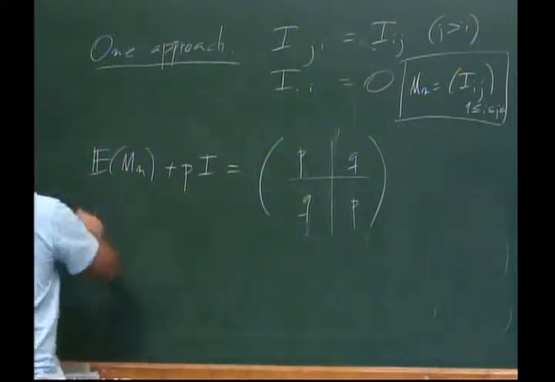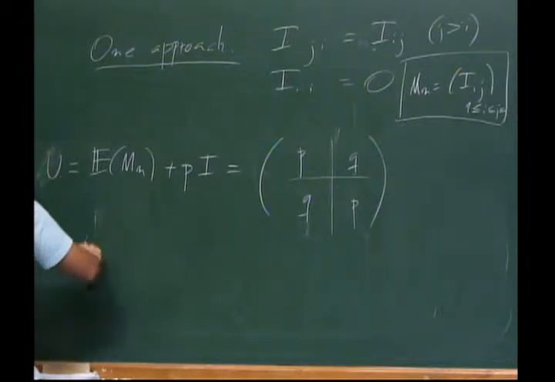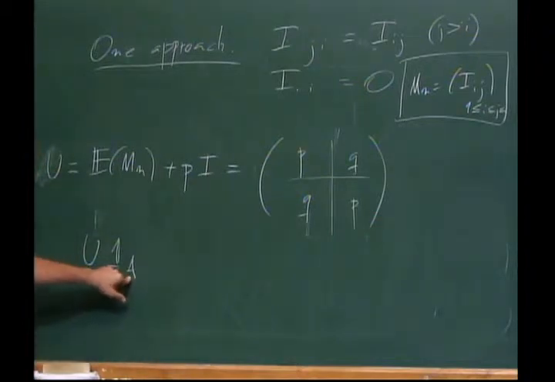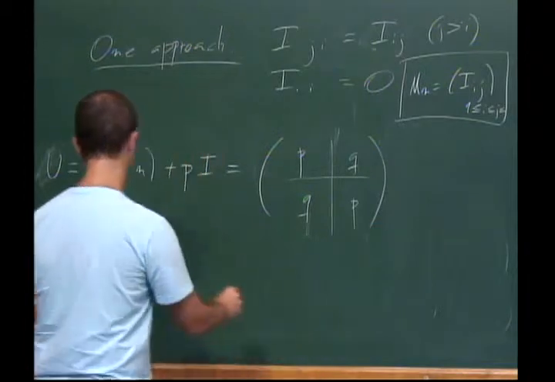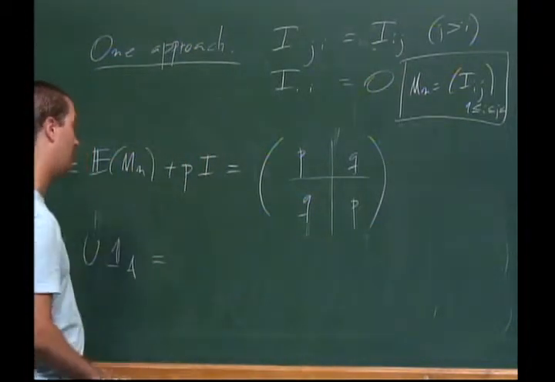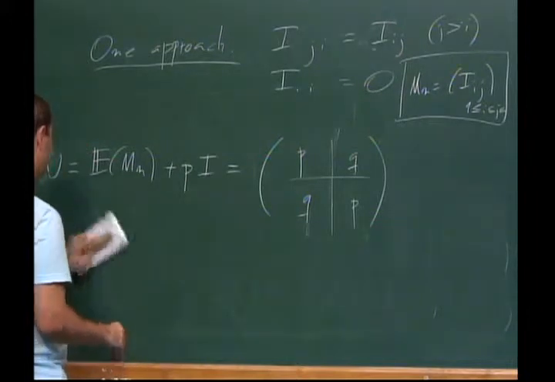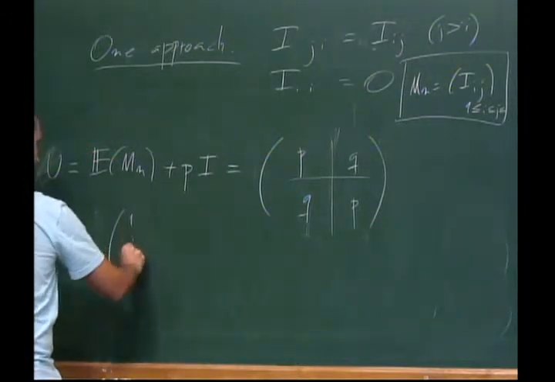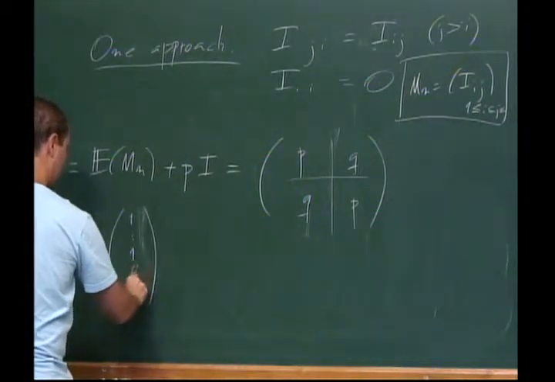So let's see, let me call this matrix A. No, not A, sorry. U. So what happens to U if I multiply it by this indicator vector of A? Perhaps it's not the simplest thing to do in this current form, so let me write it in a slightly different way. In our current basis, A looks like this. It's a vector full of 1s up to a point, and then you have 0s.